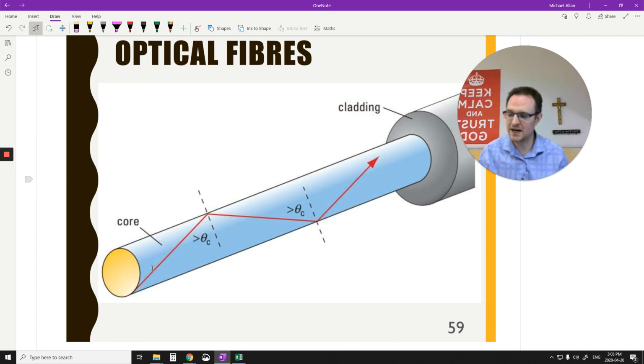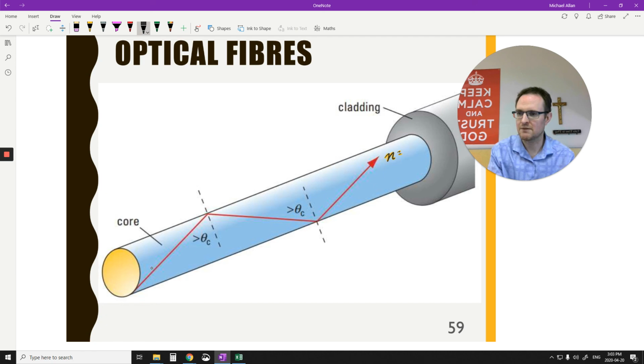So you want the barrier between the glass and the cladding to have a pretty large difference between the two. We're not going to use diamond for this, but you want this to be a high index of refraction, maybe some scientifically designed material that has a pretty high number.